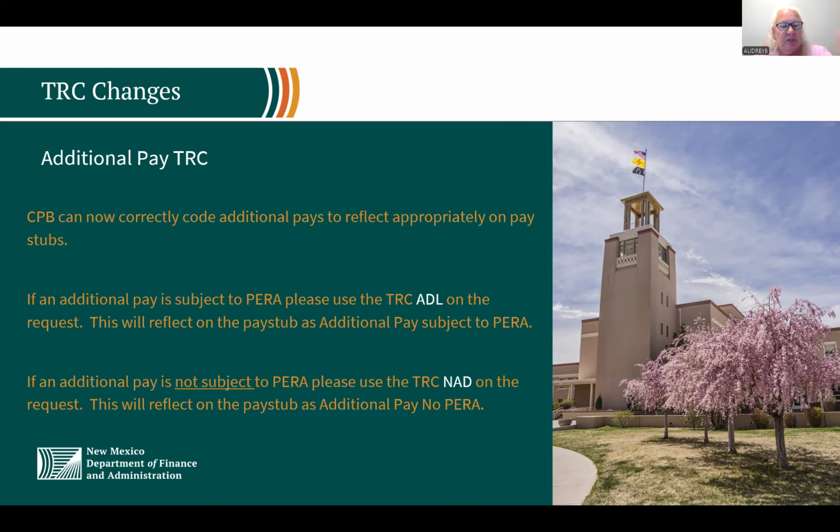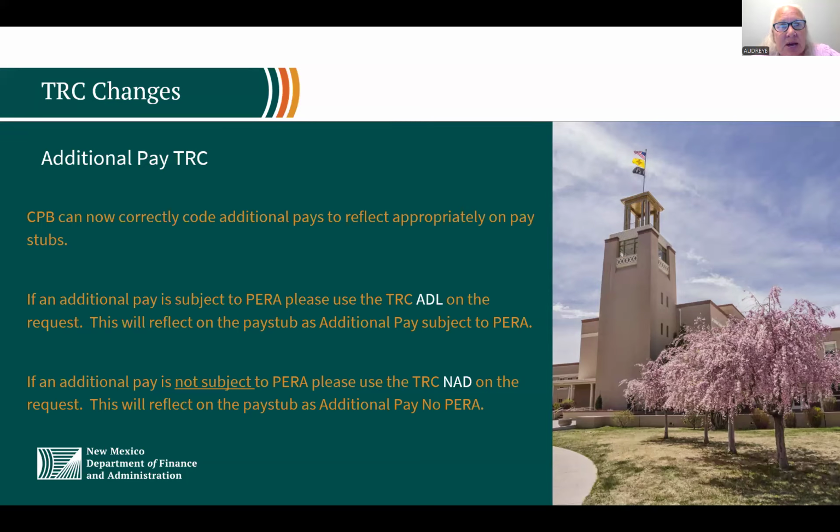TRC changes. So payroll has figured it out. It's the best way I can say it. So in the past, when we did additional pays, and those additional pays required para withholdings, we would put them in as an NAD and manually input the para calculation.